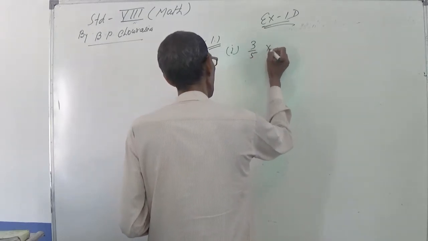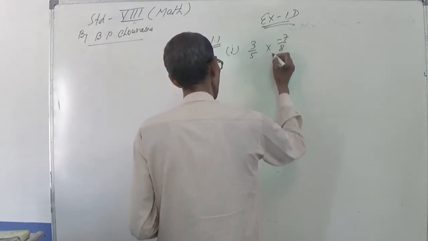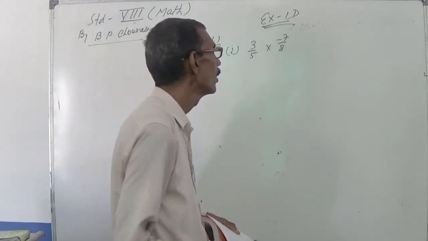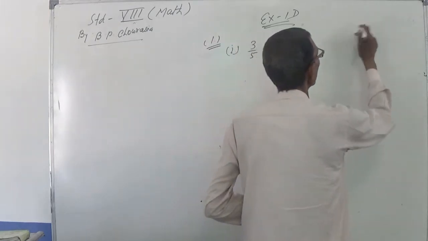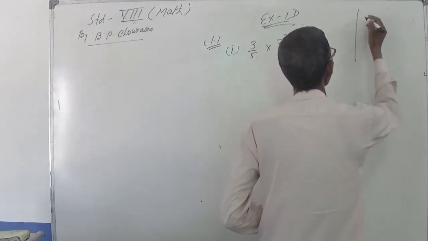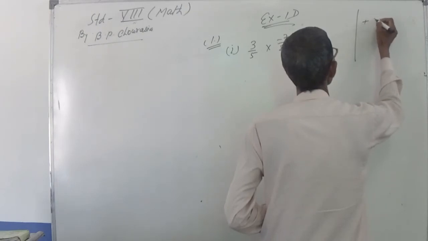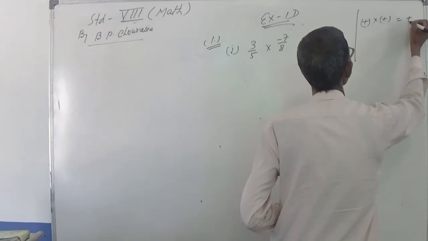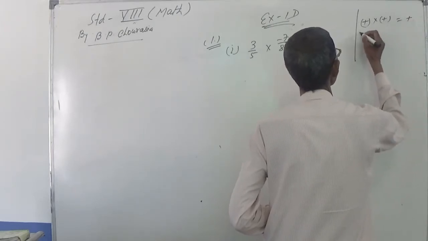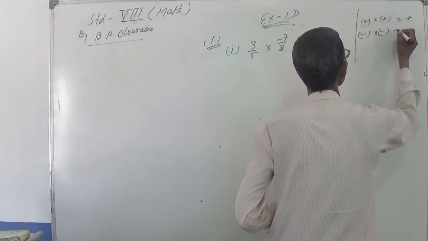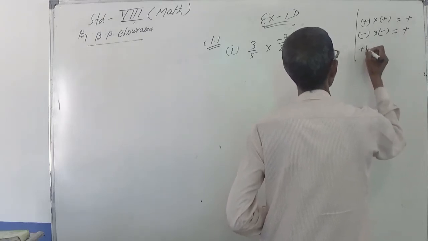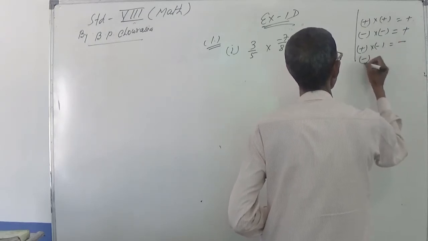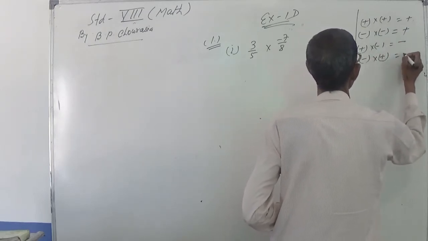3 by 5 into minus 7 by 8. Always remember the rules of sign. Plus into plus is plus, minus into minus is plus, plus into minus is minus, and minus into plus is minus.